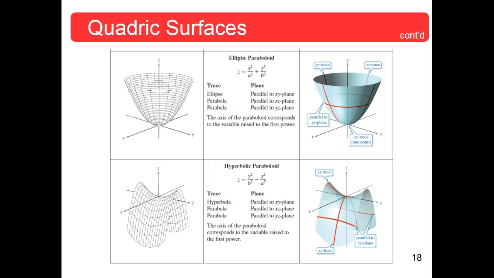However, if you have a minus sign in between here, this is still a paraboloid because one variable is to the first power and the other two are to the second power. But if you have an opposite sign, that gives you a hyperbola. That's a parabola. That's a parabola. Now here's a key.